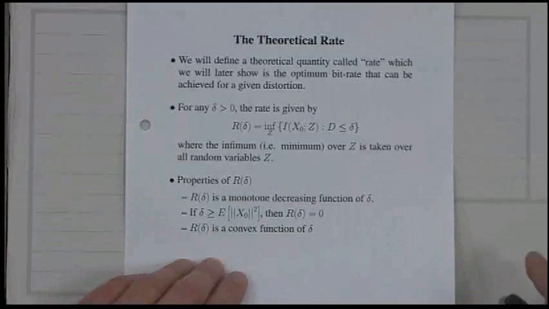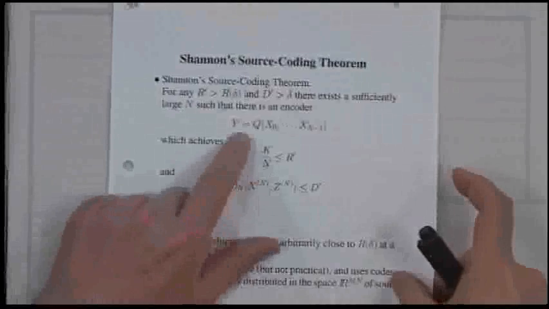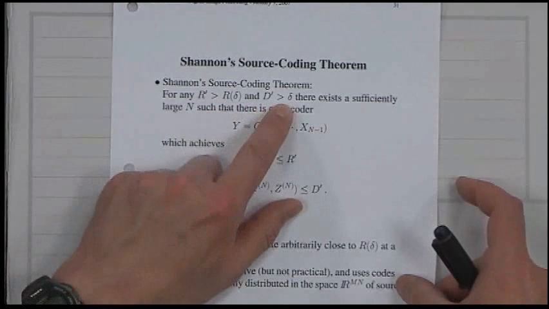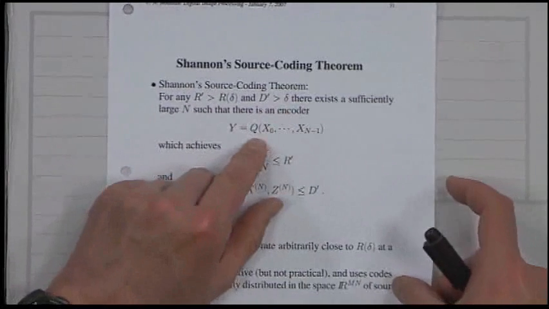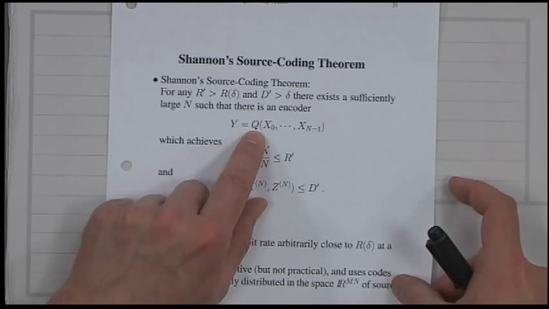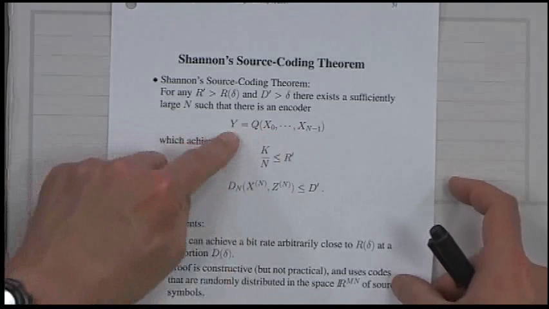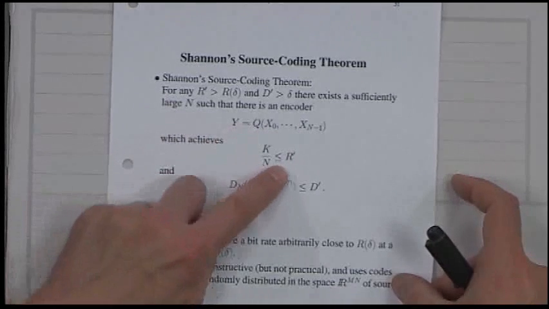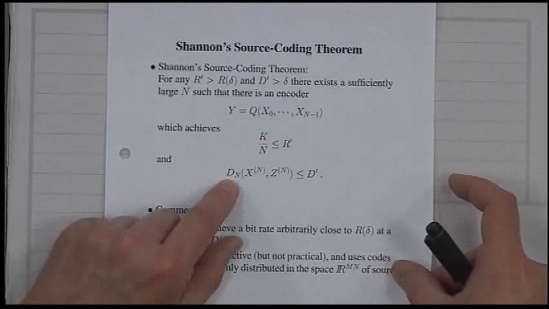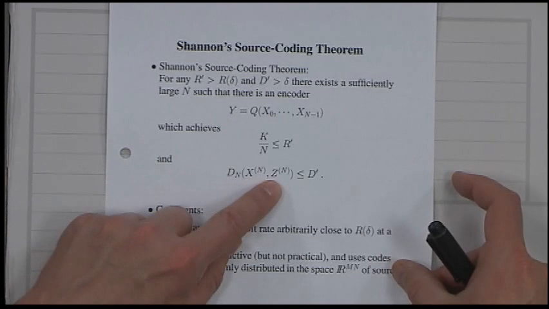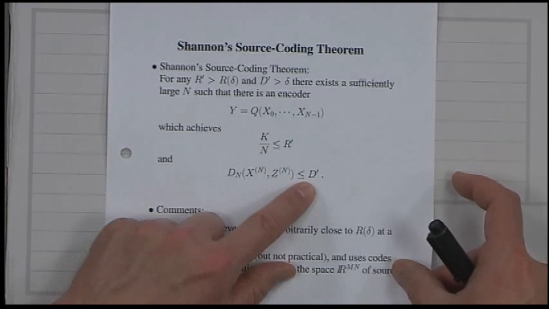But in fact, this definition is given meaning by the theorem, and the theorem says that for any rate r prime that's greater than r, and for any distortion d prime that's greater than delta, there exists an n, which is the block size, and there exists a coder, which is a deterministic mapping from these x's to a y, where y has k bits in it, and k over n is less than r prime, and the expected distortion between x and z is less than d prime.